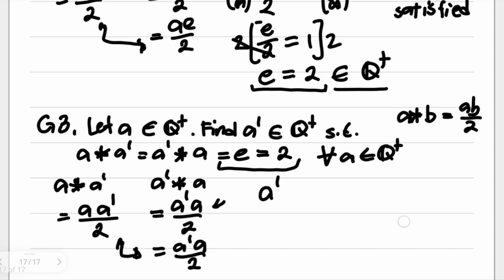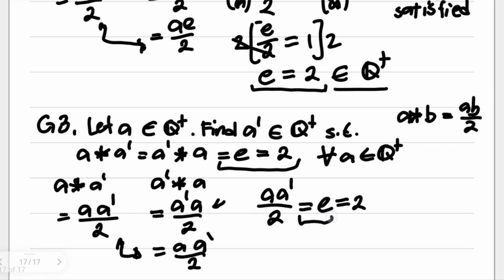A times A inverse over 2 must be equal to E, which is 2. So what would be the representation of our A inverse?